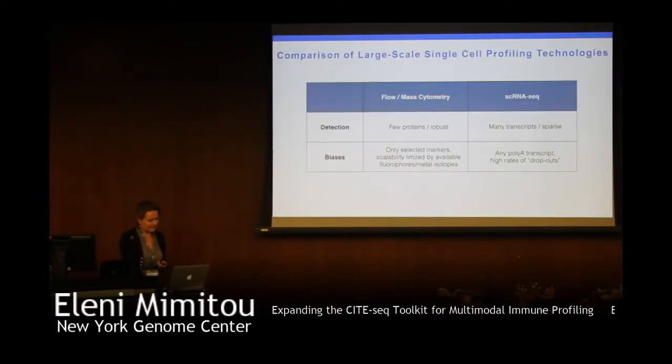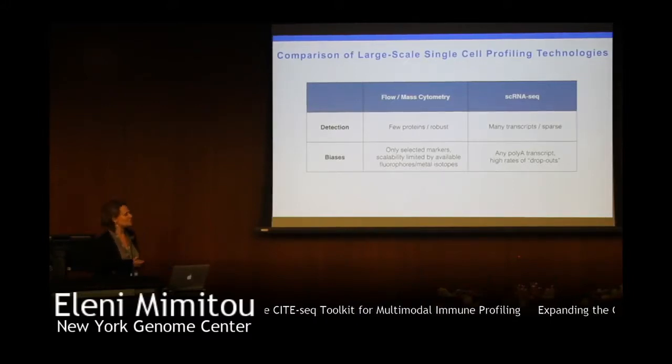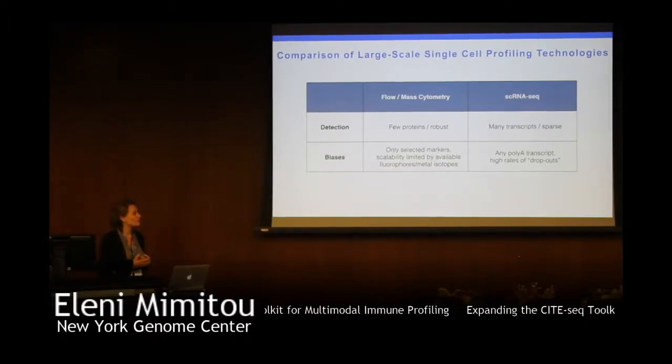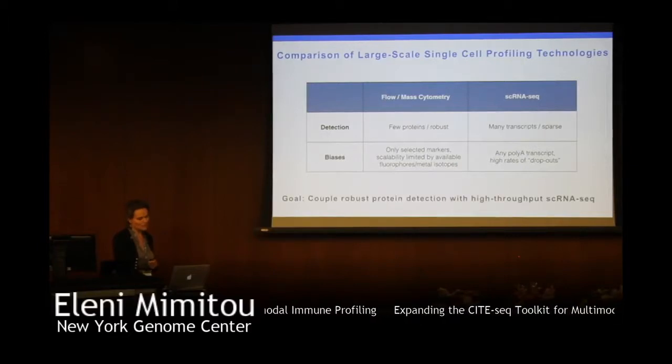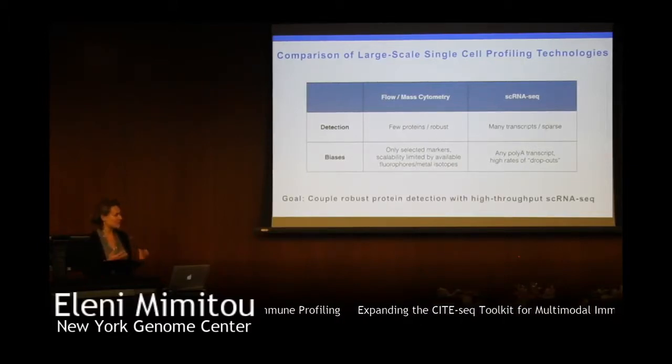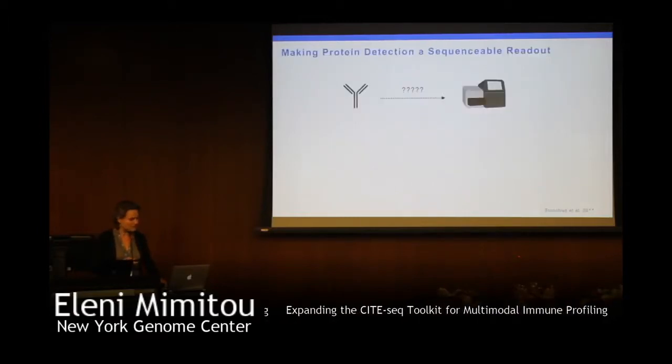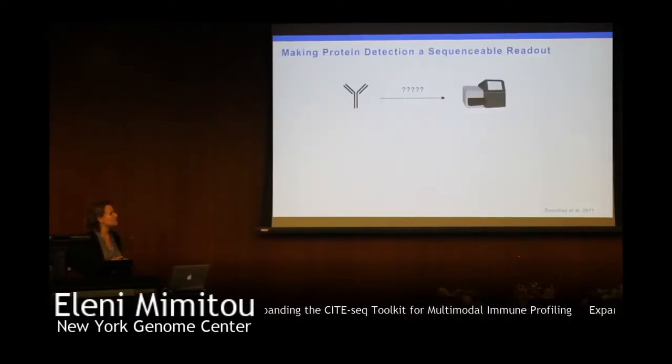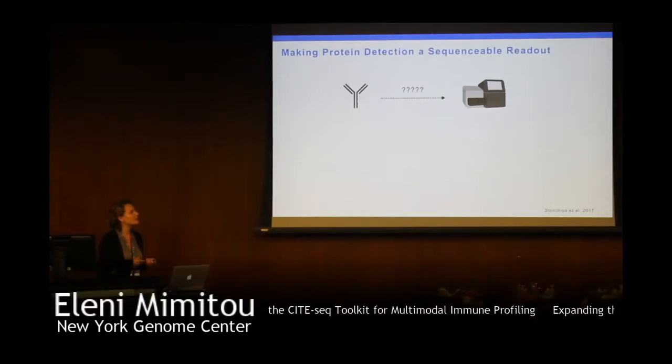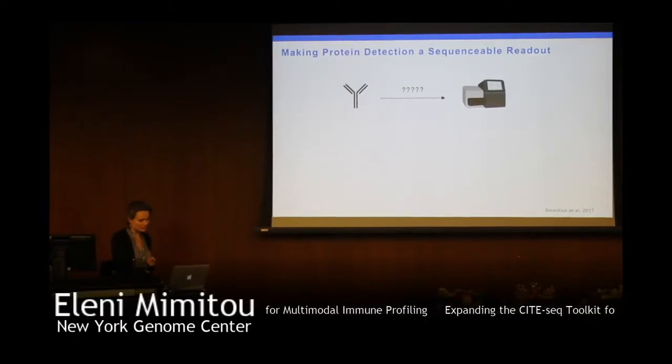I'm sure you're convinced by now that both methods to interrogate complex cell populations have strengths and biases, and by combining them, we get a much better chance of interrogating these complex populations. To do that, we use antibodies to detect cell surface markers, and we turn these antibodies into something that the sequencer can read, by just making it look like an RNA.